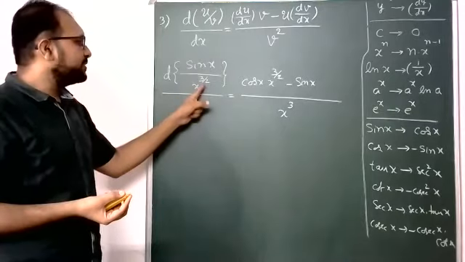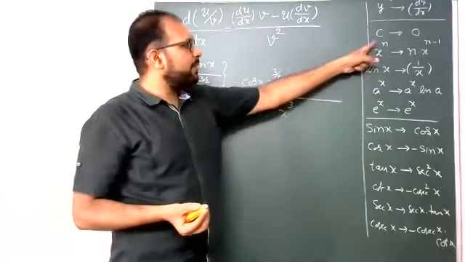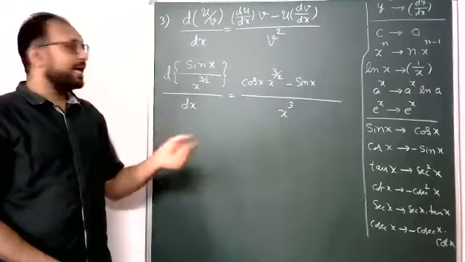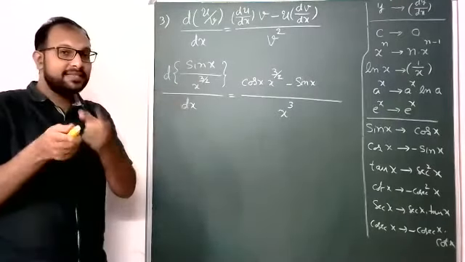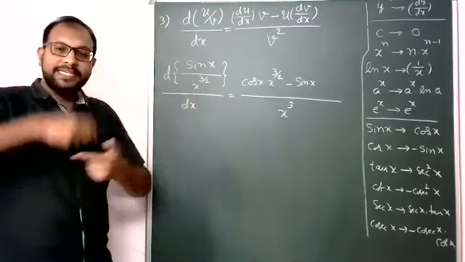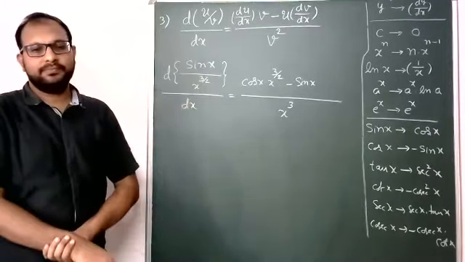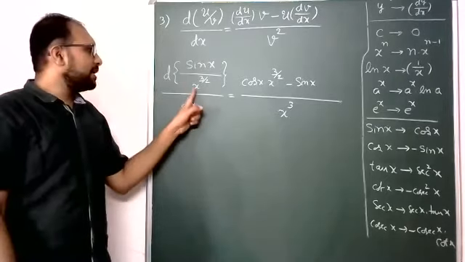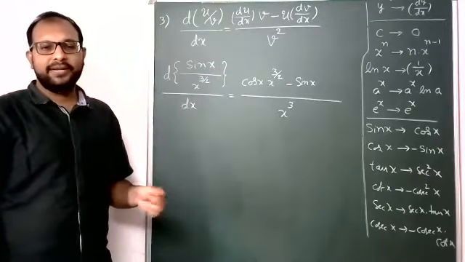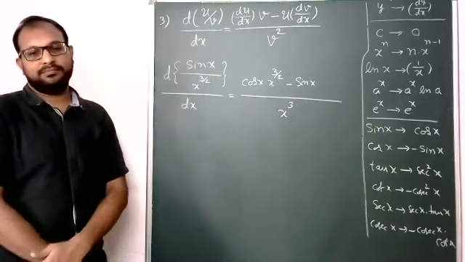The derivative of x to the power of 3 by 2 is x to the power of n, with n as 3 by 2. Don't write minus 3 by 2 here, no. Here x to the power of 3 by 2 itself is x to the power of n. It is not 1 by x to the power of 3 by 2, so the minus 3 by 2 would be for the u into v formula.